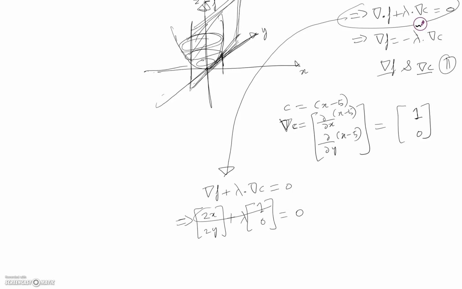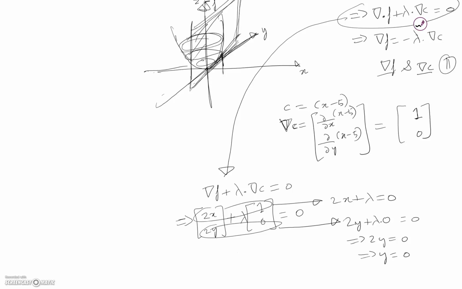So along the x direction, it says that 2x plus lambda equals 0. Along the y direction, it says that 2y plus lambda times 0 equals 0, which implies 2y equals 0, which implies y equals 0.